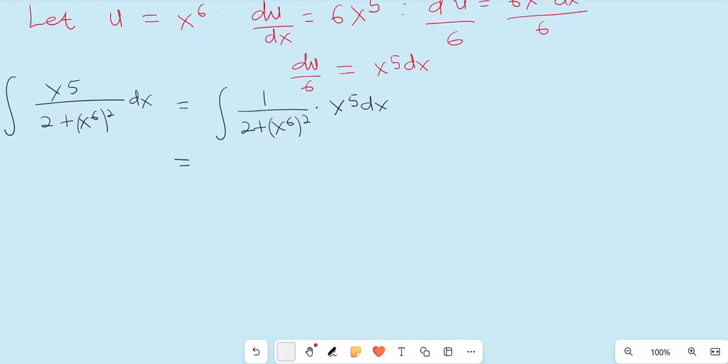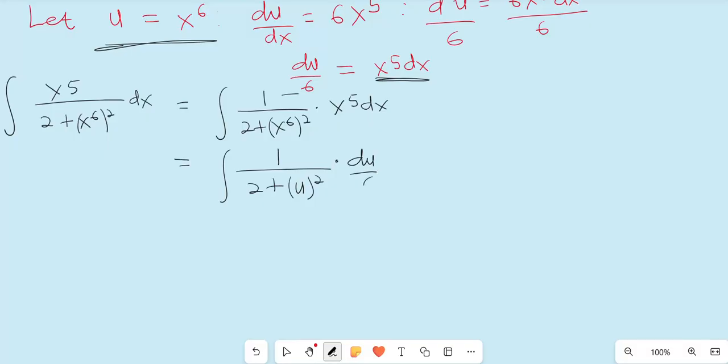That becomes the integral of 1 over 2 plus x to the 6, x to the 6 is u, so that's u squared, times x to the 5 dx. x to the 5 dx is du over 6. So 1 over 6 is a constant. It comes in front. Integral of 1 over 2 plus u squared du.